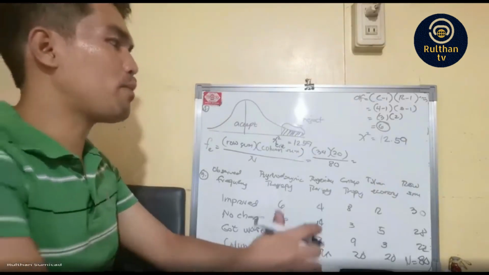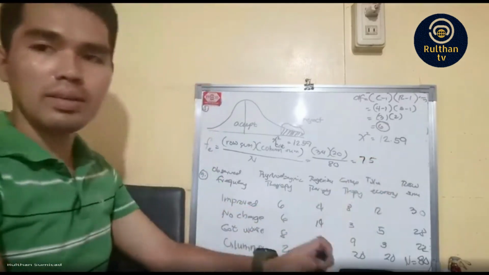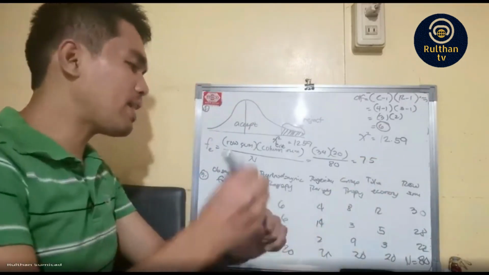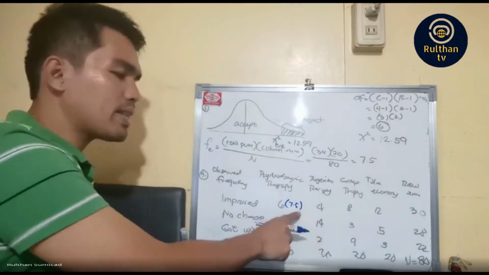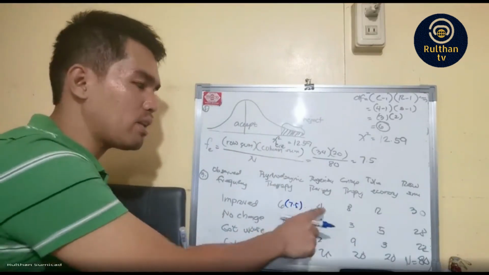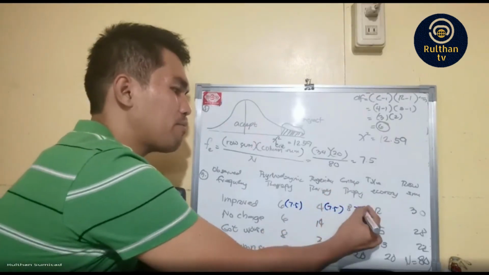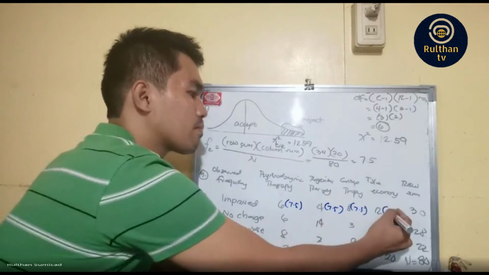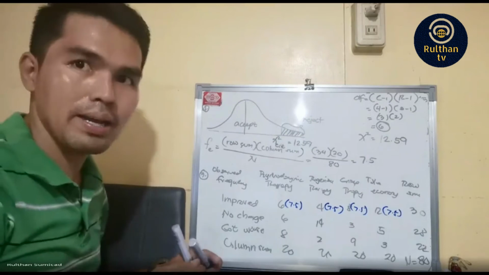I have 7 point, so this is 7.5. Okay, so in other words, my value here, I'll just put it in blue. This is 7.5. This is the expected value. This is also 7.5, 7.5. That's the expected value for all the therapies.